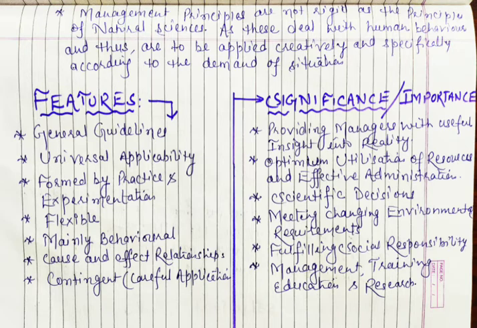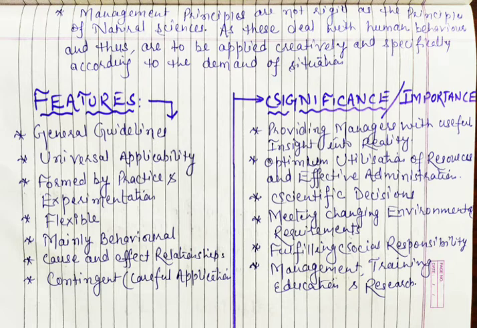However, they don't provide a ready-made solution to all managerial problems. This is so because real business situations are very complicated and dynamic and are the result of many factors. So these are general guidelines which simply guide the manager to take decisions in different situations.